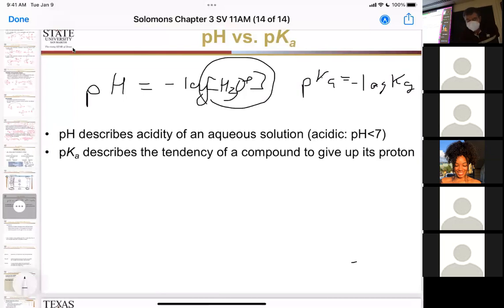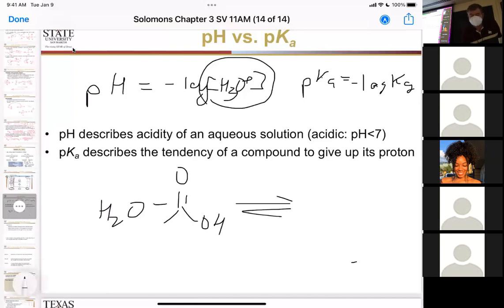And we can see this and make sure we understand this by looking at acetic acid. If we react acetic acid in the presence of water, in this case acetic acid is acting as the acid, and the water is acting as the base. It's going to give us a hydronium ion here.